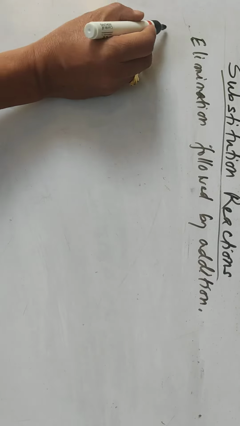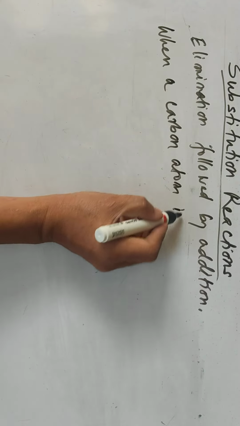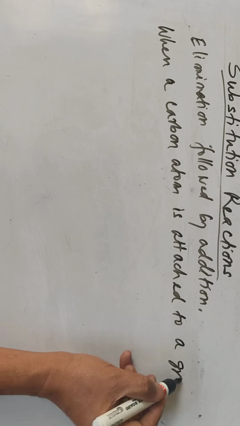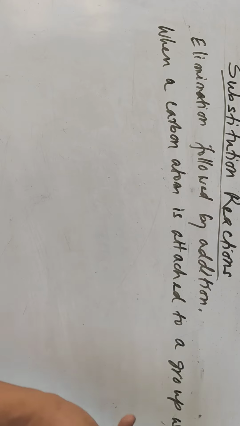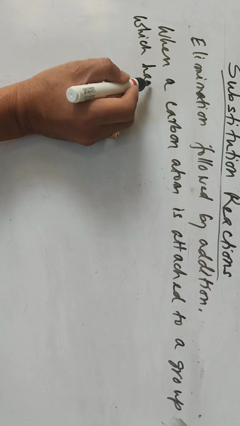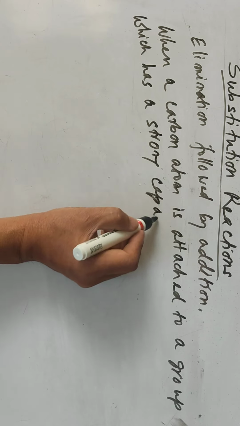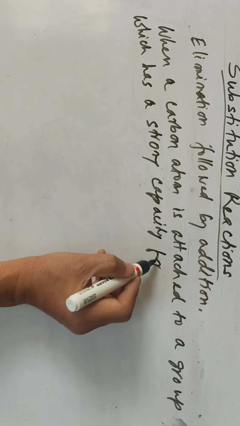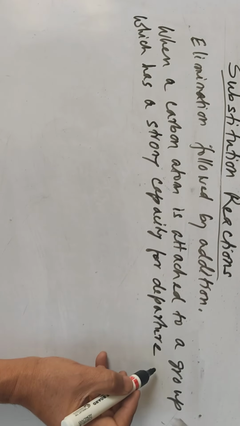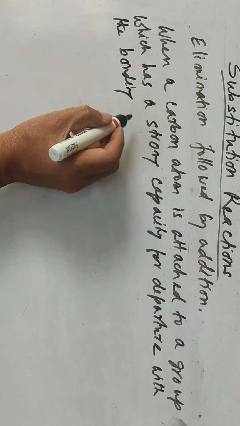So I write down here: when a carbon atom is attached to a group which has a strong capacity for departure, meaning a good leaving group, departing with the bonding electron pair with a negative charge.